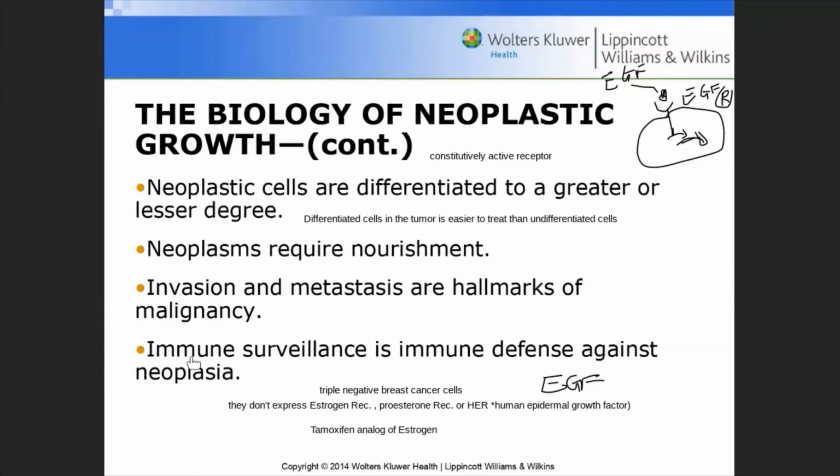A couple of years ago, a Nobel Prize was awarded to James Allison, who works on T cells. The T cell has a way to put a brake on so that it doesn't kill your normal cell.